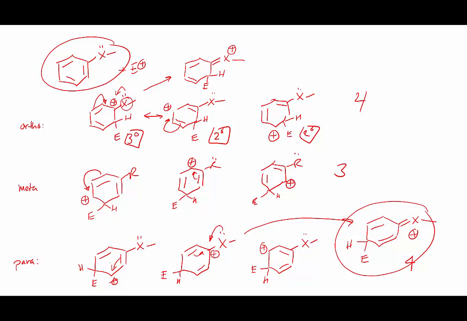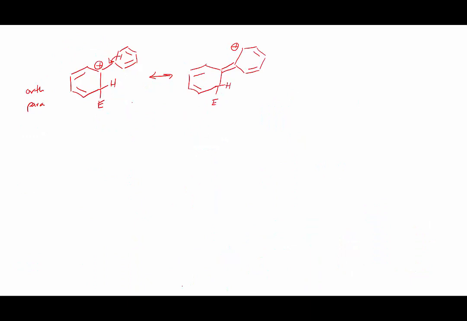So now, I've got all these deactivating groups to do. Well, actually no. Because we've already taken care of halogens, right? So let's go back and let's just draw the key intermediate for if there's a deactivating group on the ring.